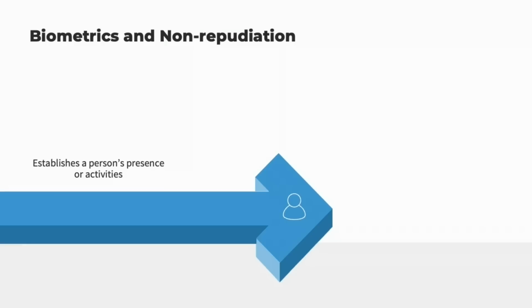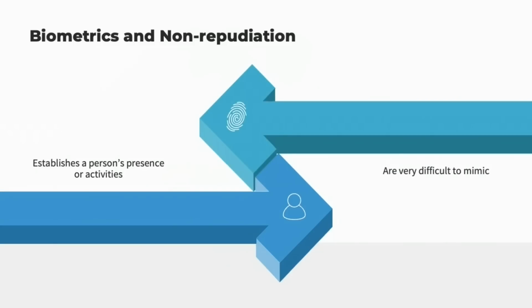So as another example, if the case in question involved the theft of a physical item that was in a secure room that required a fingerprint to open the door, then the logs from the scanning device and/or the authenticating system would show exactly which fingerprints were provided and at which time. And since biometric data is very difficult to mimic or spoof, the user whose fingerprint was provided cannot deny that they entered the room at the time in question.